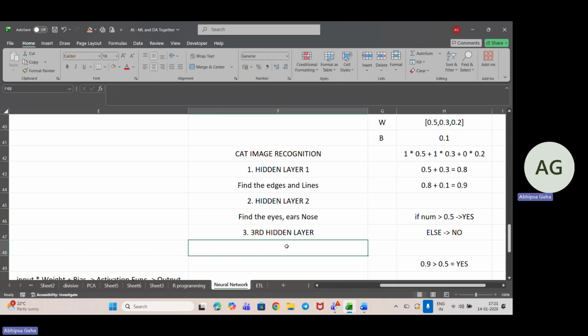What it will do is find the full cat face. Okay, so each layer builds on the previous one, right? This is how the network actually works and understands.